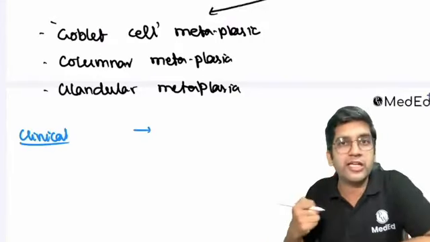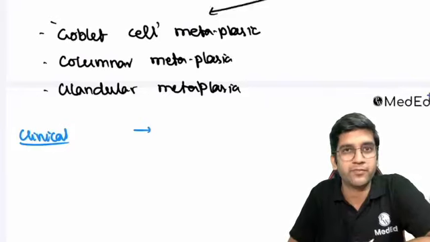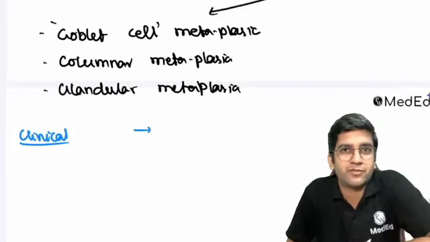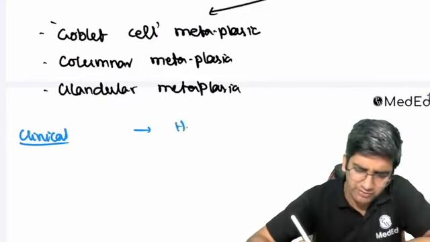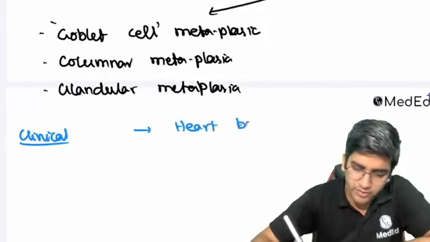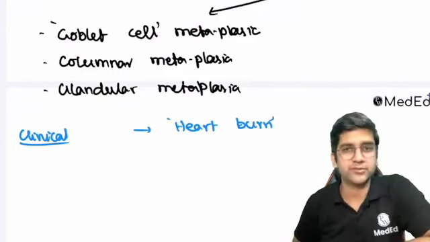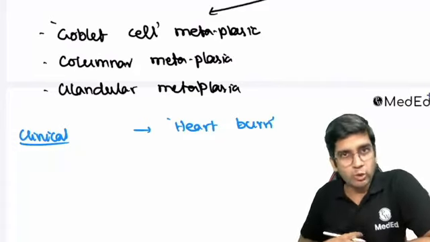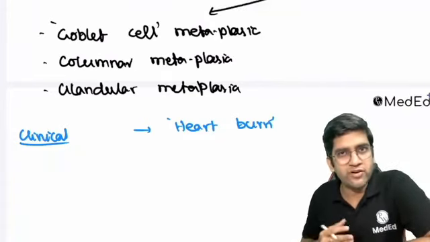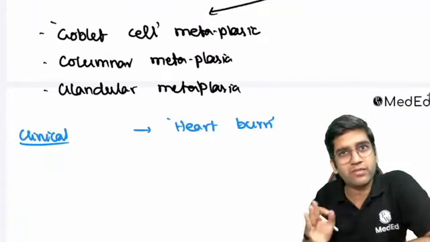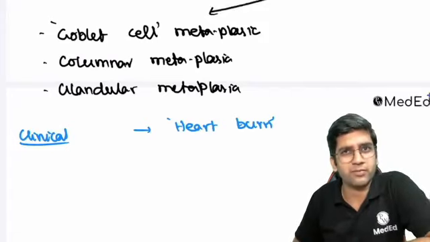What do you think will be the clinical feature of GERD? Simple. I told you that acid burns the esophagus. That's my clinical feature. The patient will have heartburn. MCQ will say heartburn. If I have heartburn today, will it result in Barrett's tomorrow or will it require some time? It requires some time, right?